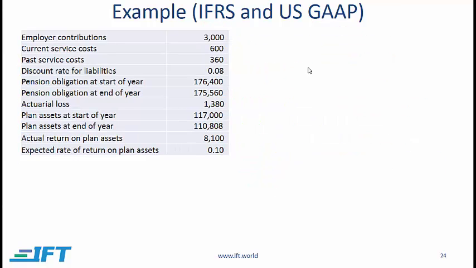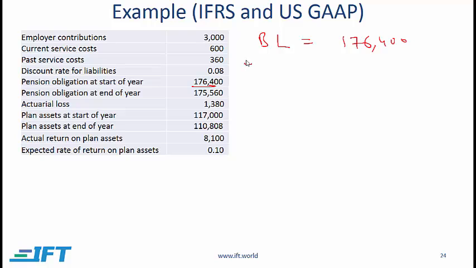Now I'll help you with the first question, which is what was the benefit paid by the company during this year? To do this, you can either take a liability approach or an asset approach. So let's say that the beginning pension liability is shown right here. So that's this number, 176,400. Then what are the various items that will take you from here to the ending liability?